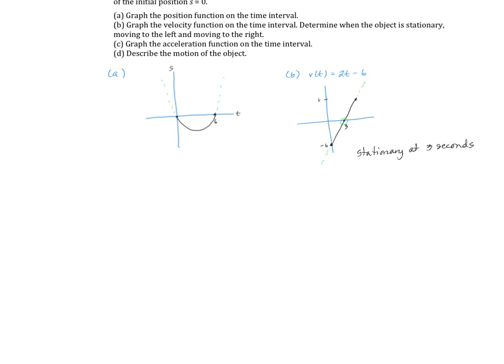Now where the velocity is negative, which would be from 0 to 3 seconds, that's when the object is moving to the left. So it's going to be left from 0 to 3 seconds.